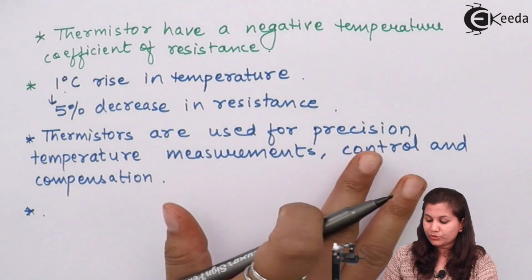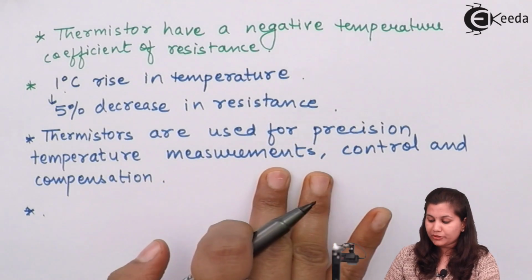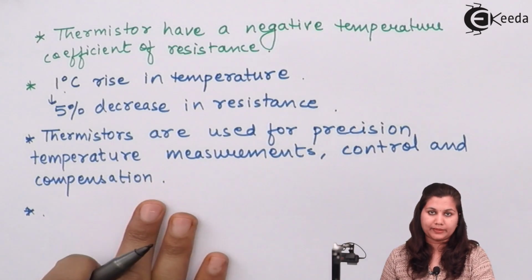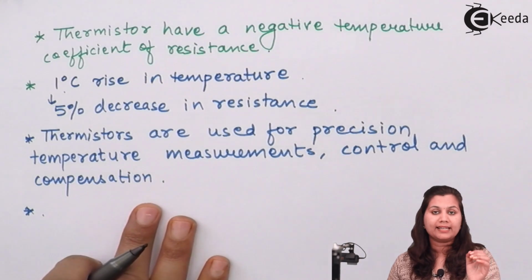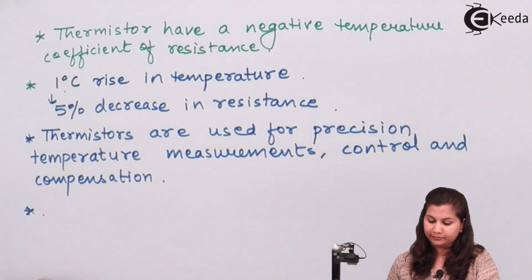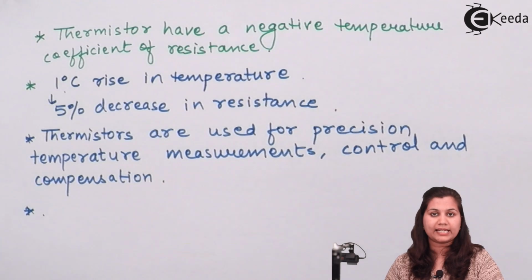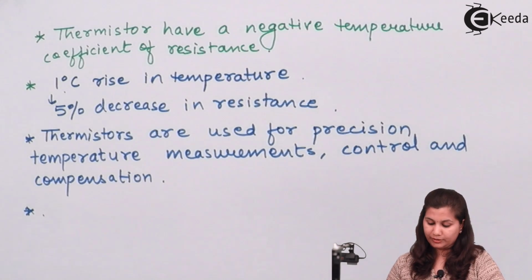They are widely used for precision temperature measurements, control and compensation, because they are highly sensitive elements having very high negative temperature coefficient.